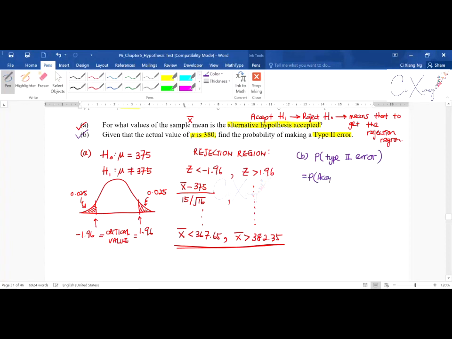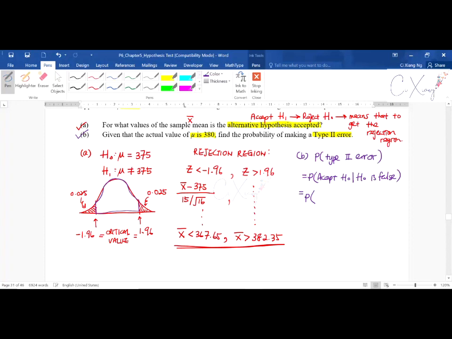Accepting the null hypothesis when the null hypothesis is false. For the acceptance of the null hypothesis, you have this as the rejection region, so the acceptance region will be here, between the two rejection regions.